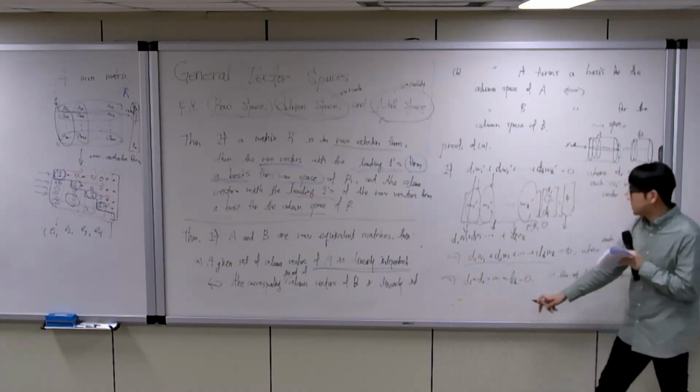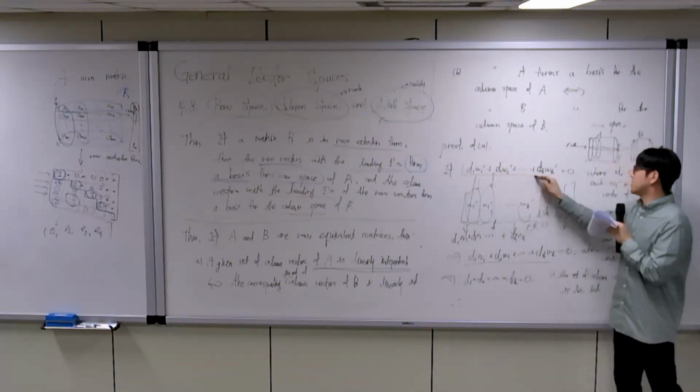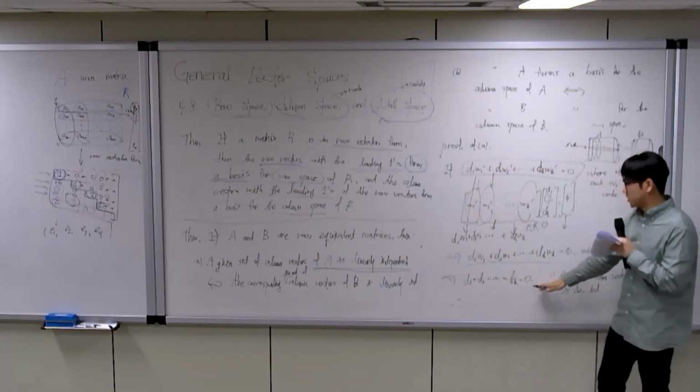Thus, we started from the linear combination and got all zeros.